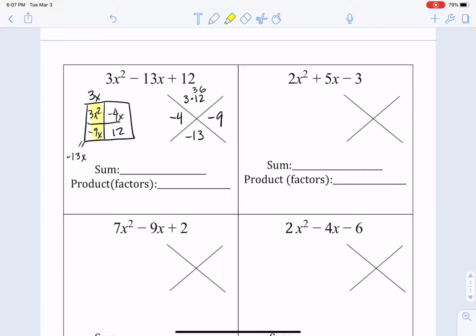And then when I look at my next column, what can I take out of both of these? I can take out a negative 4. And then this would go away. This would leave me with negative 3 here. This 3 was pulled out, giving me nothing left here, and an x.